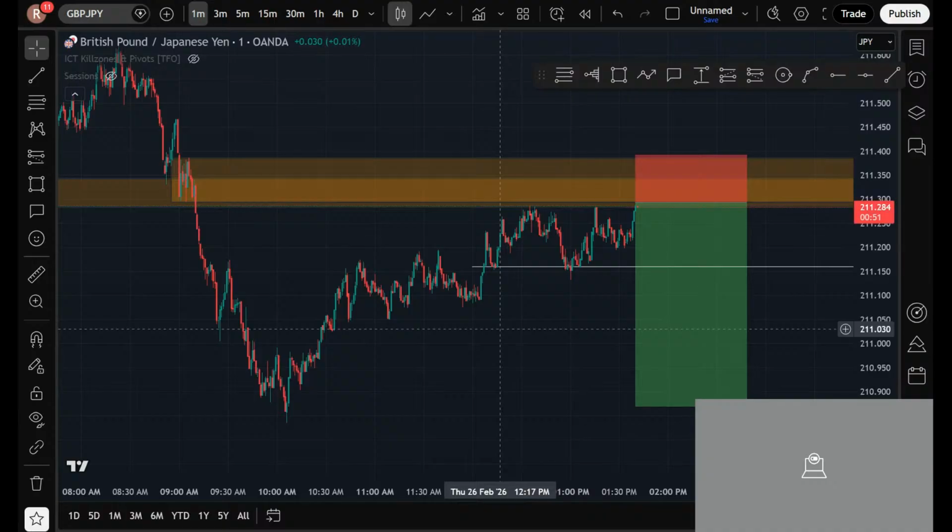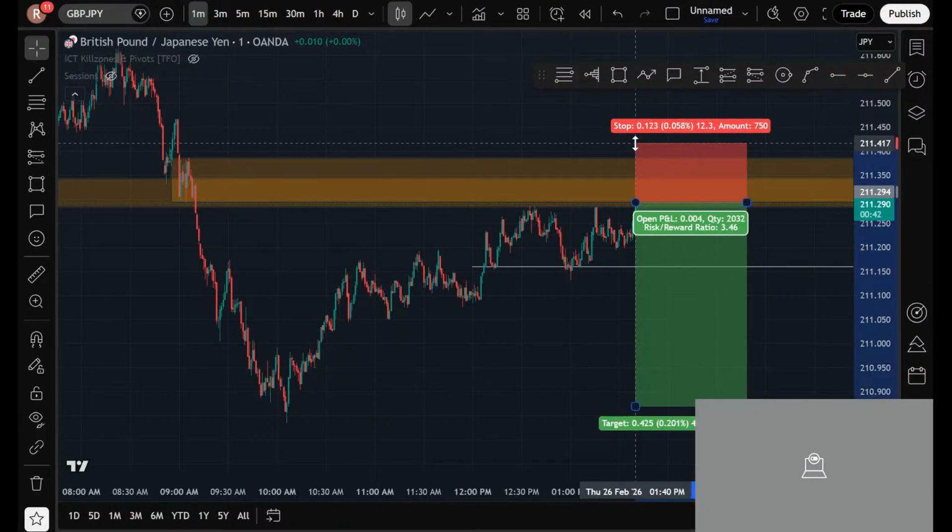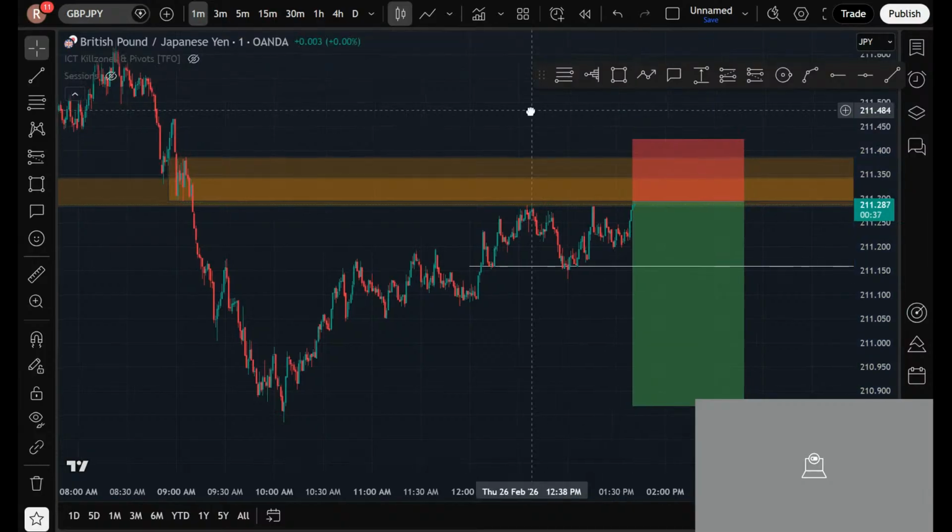So I also have placed my SL. My SL is to 11.425. So this is going to be my SL.